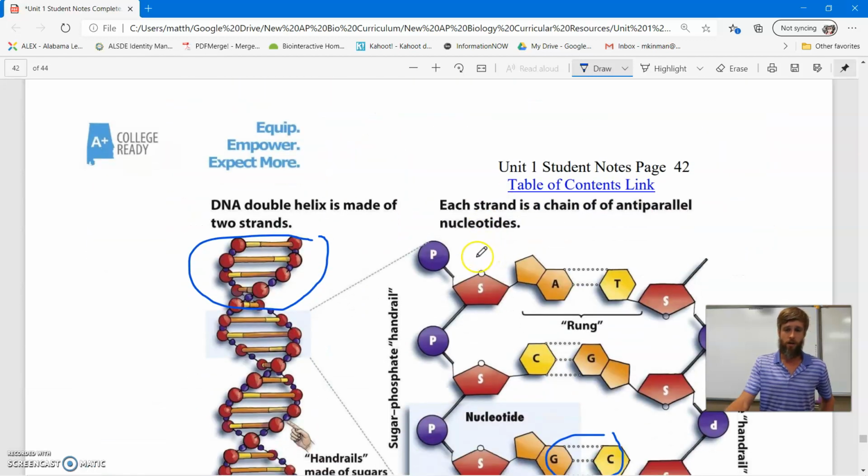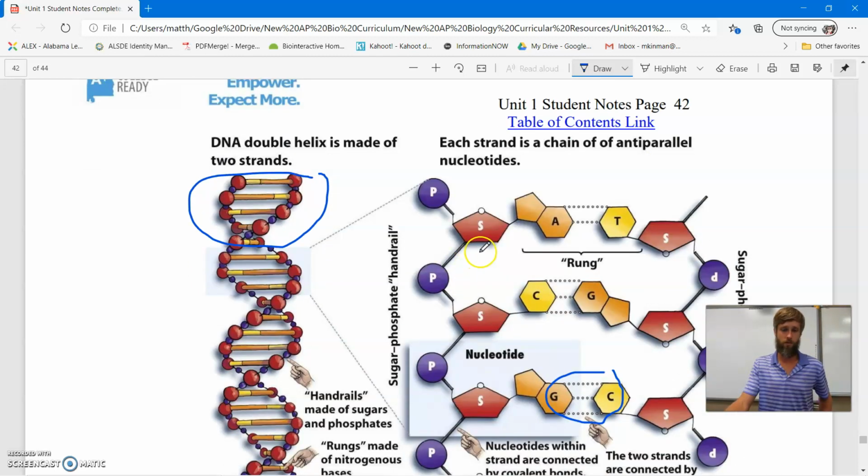All right, so here would be our 5' end. This carbon is called the 5' carbon. I don't really expect you to remember this. Later on the expectation will be there, but right now we're just getting a general idea. So DNA is oriented in this direction because it goes from 3' to 5'.